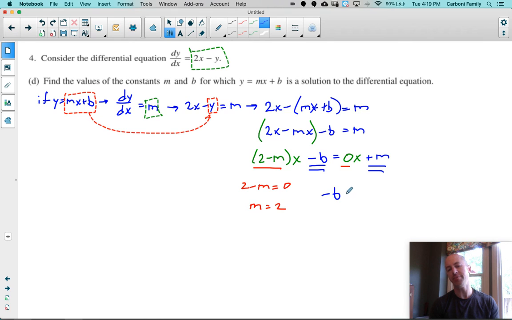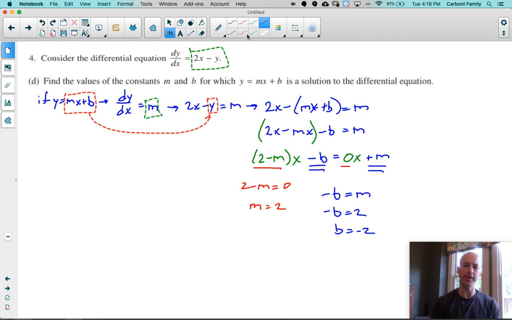That means negative b must equal m. And since I now know that m is 2, I know that negative b is 2 and b is negative 2. And there are your values for m and b for which mx plus b is a solution to the differential equation. That is a very weird, bizarre, uncomfortable way of thinking about it, but that will work.